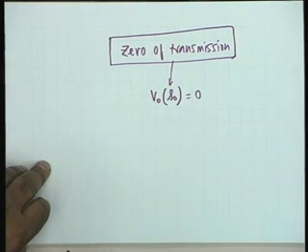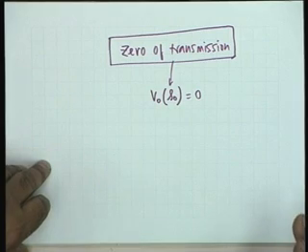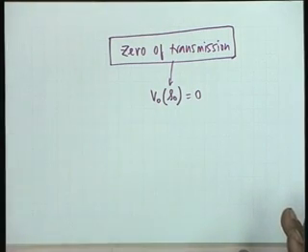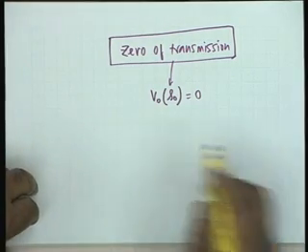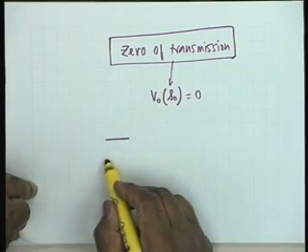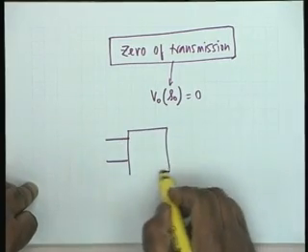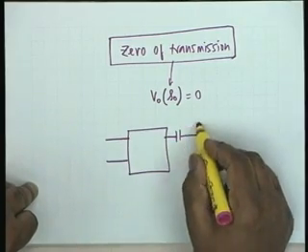Now let's take some simple examples of networks to soak in the idea of zero of transmission. Suppose we have a network which can be broken up into two sub-networks connected by a capacitor.